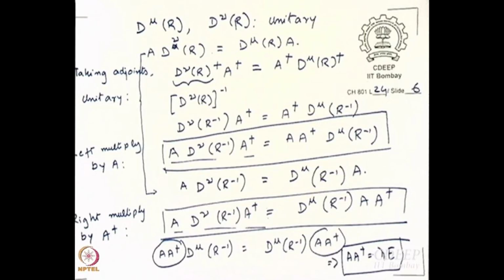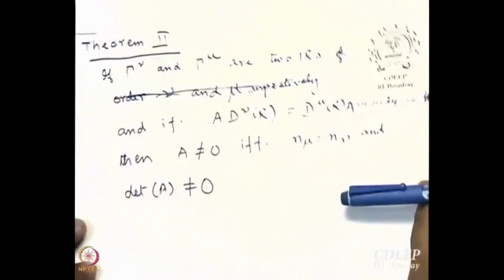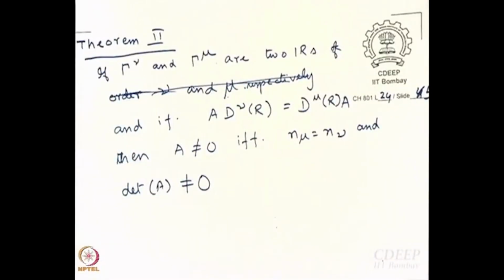Okay? What is it that we wanted to prove? Let's not forget what we wanted to prove. This is not theorem 1, this is theorem 2. And theorem 2 is, if these are two IRs, and if A d nu r equal to d mu r A, then A is non-zero if and only if n nu equal to n mu and det A is non-zero.